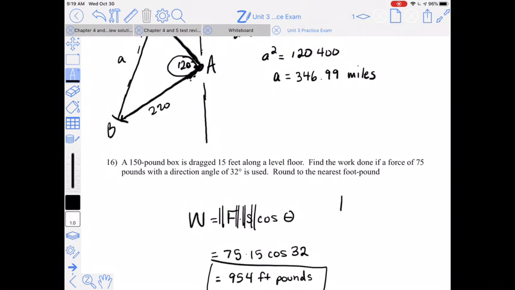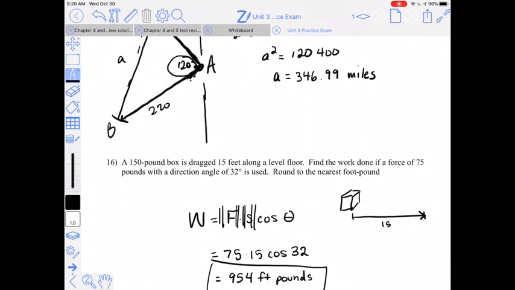So if we have this box, and it's going to be dragged 15 feet, then that's the displacement vector here.